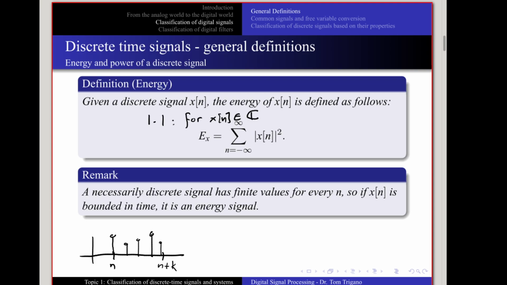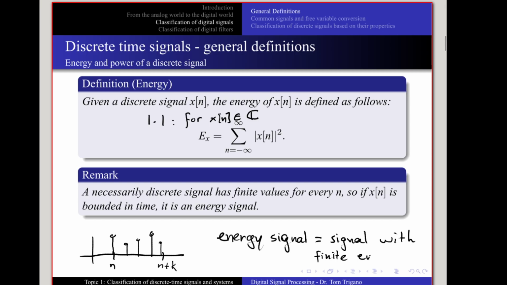So if your discrete time signal is bounded in time, it necessarily has a finite energy, and signals with finite energies are called energy signals.